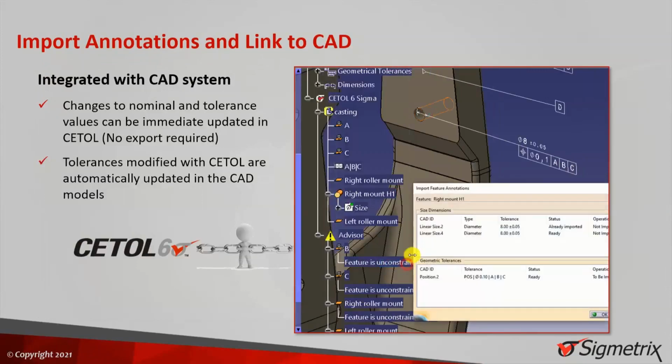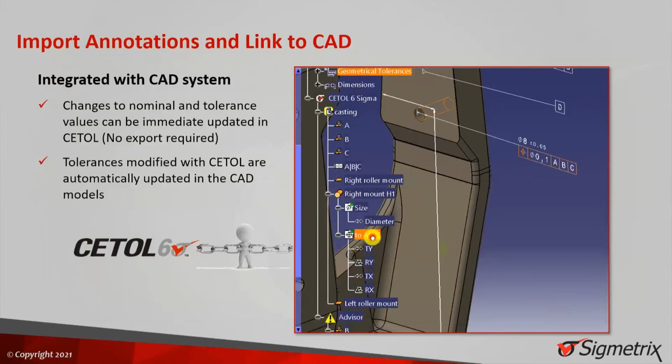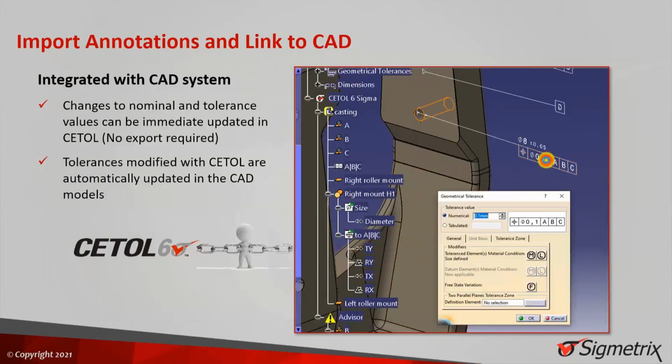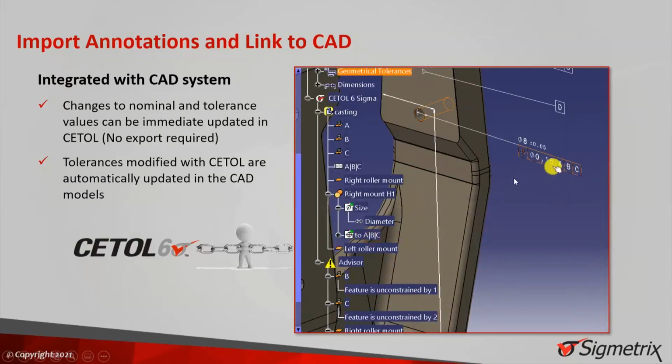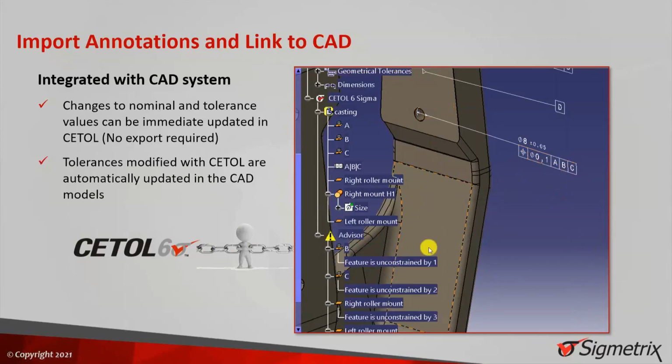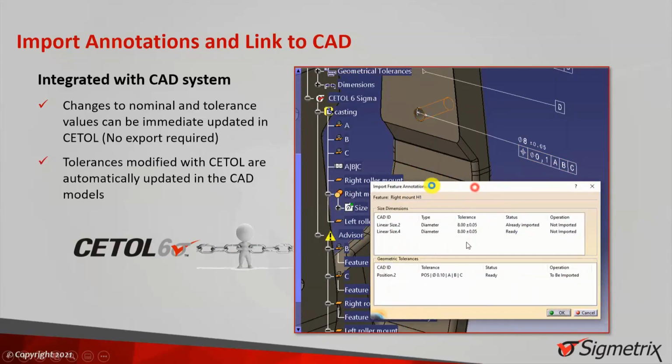And I would like to introduce some critical features that are also very useful in 3D DA tools. The first one is that you can link the tolerances to the CATIA model.